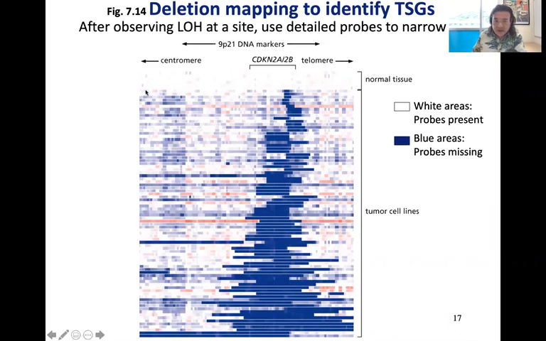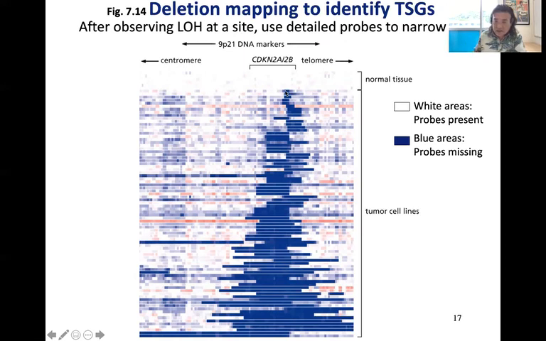So if you've done this sequencing, you can line up all these different tumor cell lines and look at this 9p21 region. And what you can clearly see is that there's a region of 9p21 that's missing in a lot of these tumor cell lines. The software has arranged it from broad areas missing down to very narrow areas missing.